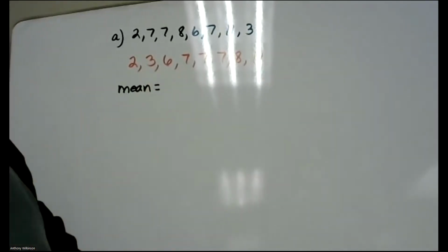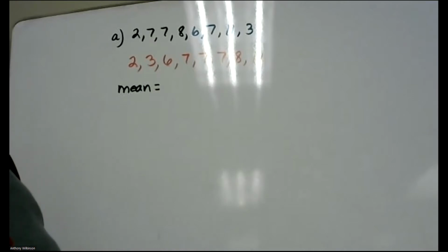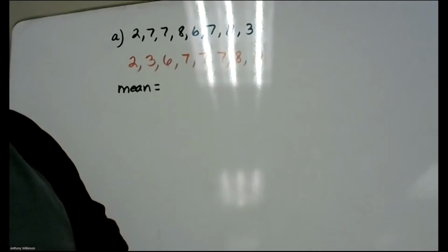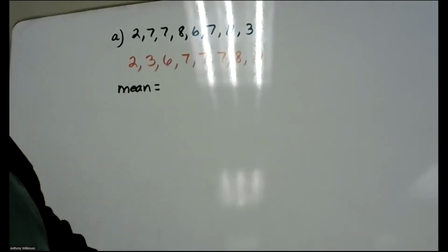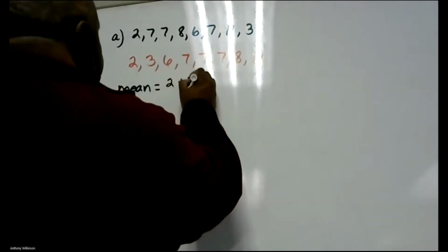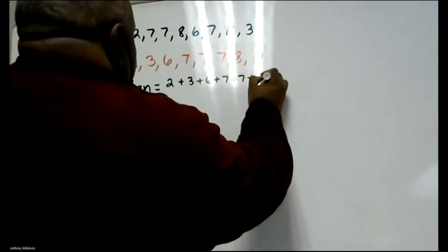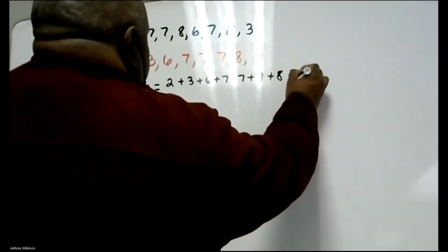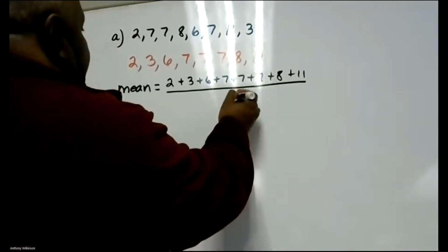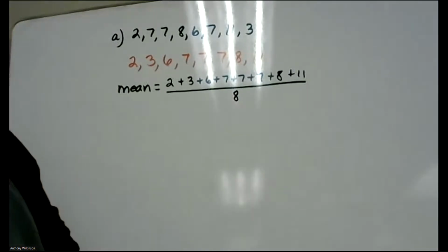All right, to find the mean, all we do there is take the sum of those data values and divide by how many data values I have in this set. So this is just going to be 2 plus 3 plus 6 plus 7 plus 7 plus 7 plus 8 plus 11, divided by how many data values I have here: 8.